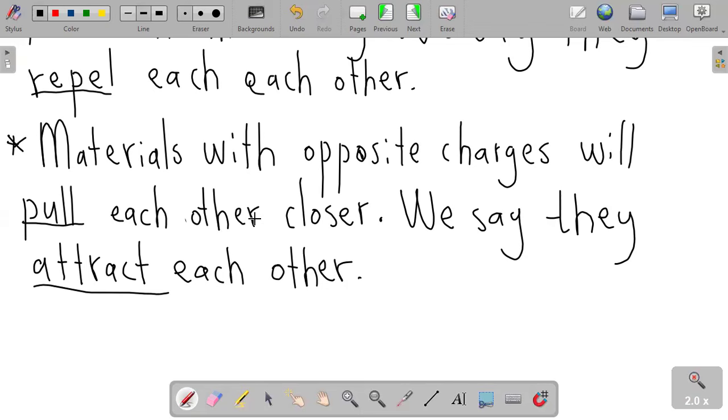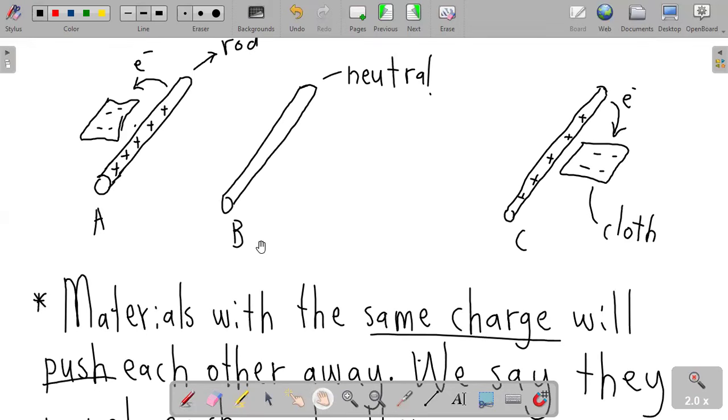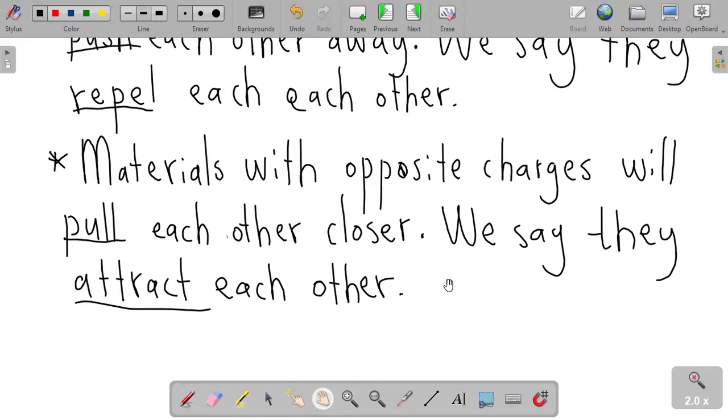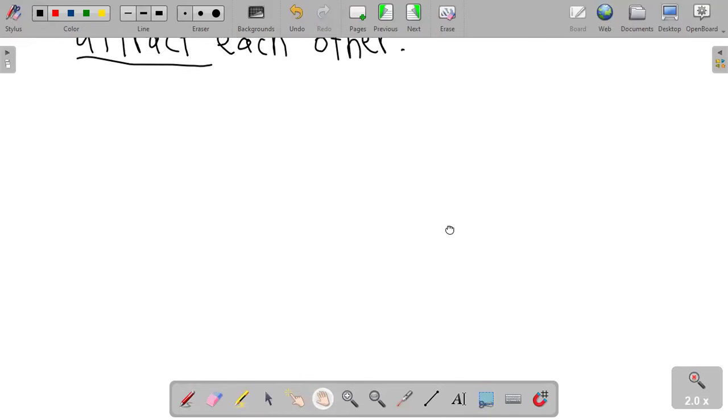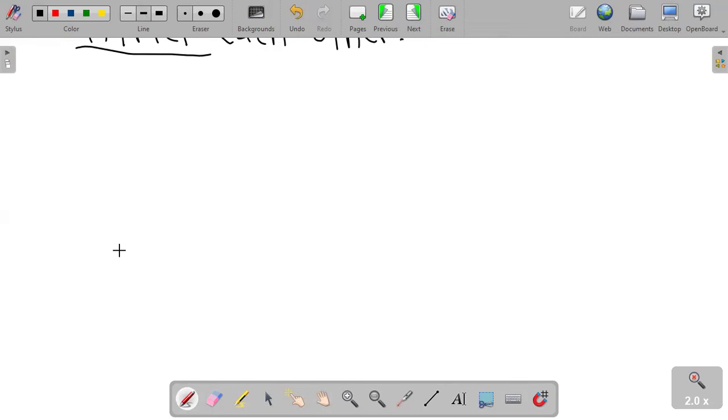So what this means, going back to the rods, is let's say we put A and B together, so there will be an effect.